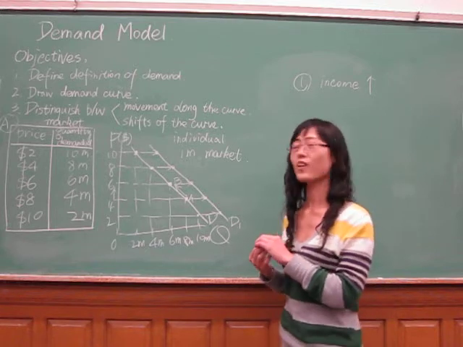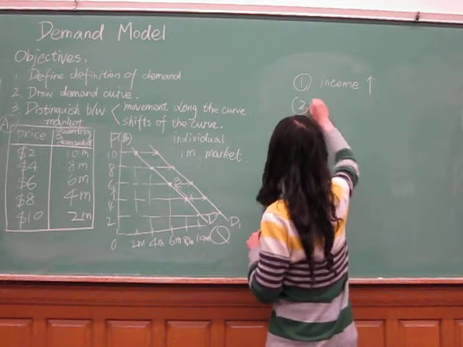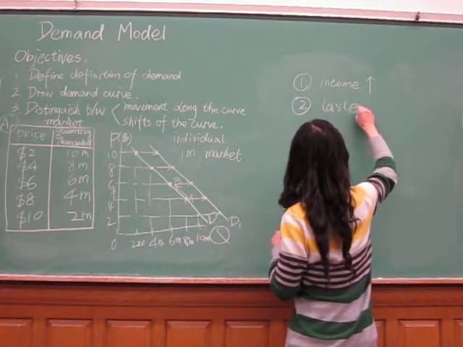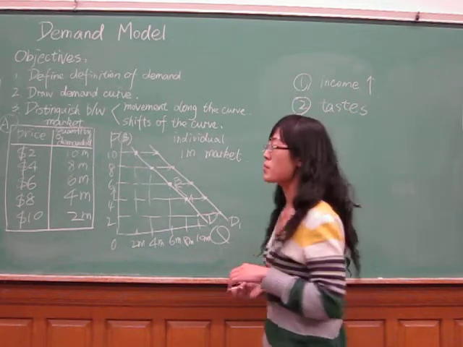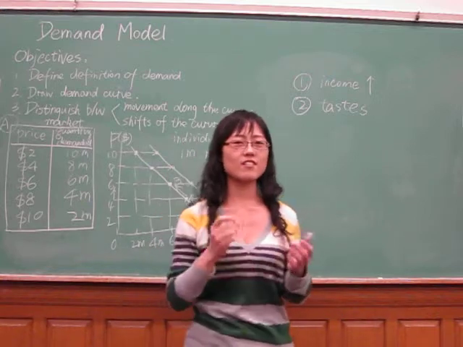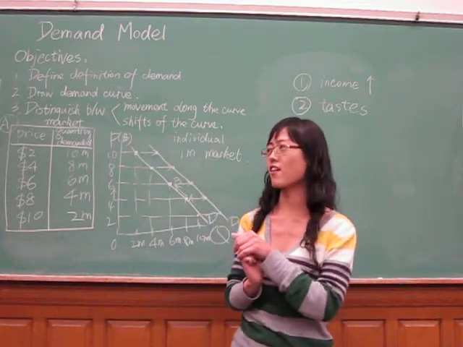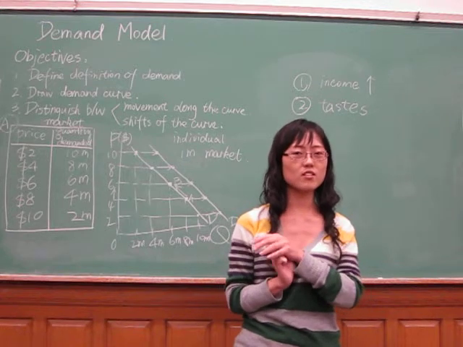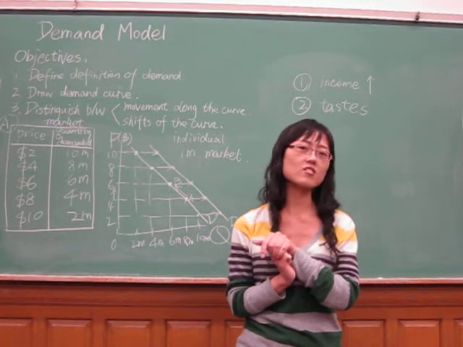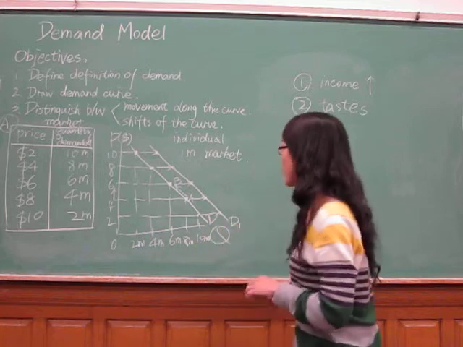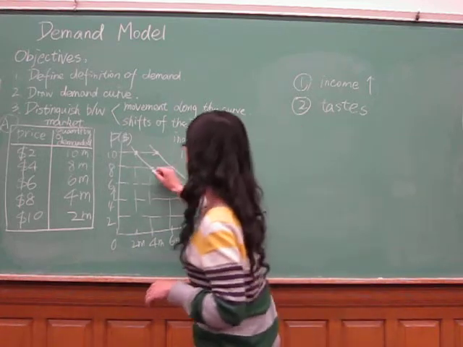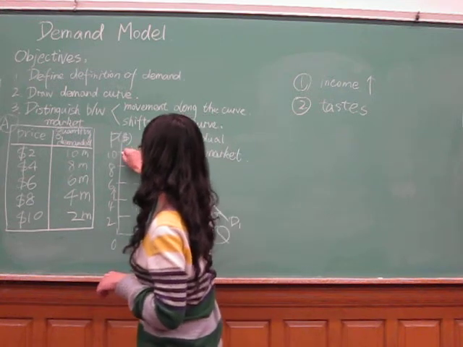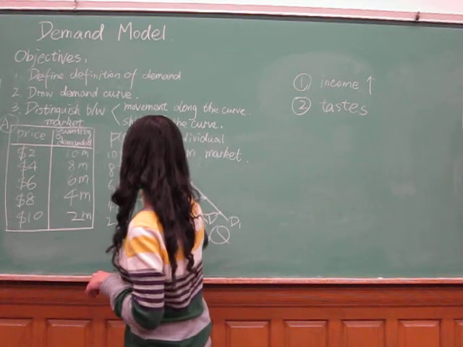Questions? No. Okay. So second is people's taste. Suppose that there's a new research coming out saying that coffee is not good for health. So people are willing to consume less, to drink less in order to keep healthy. So at given prices, people consume less. So all the points move to the left.